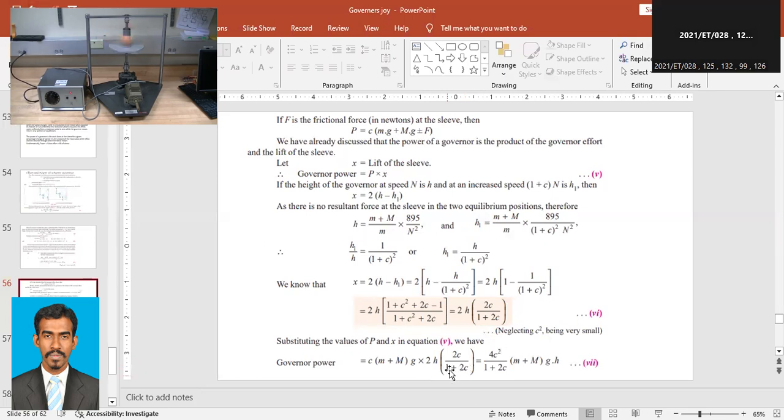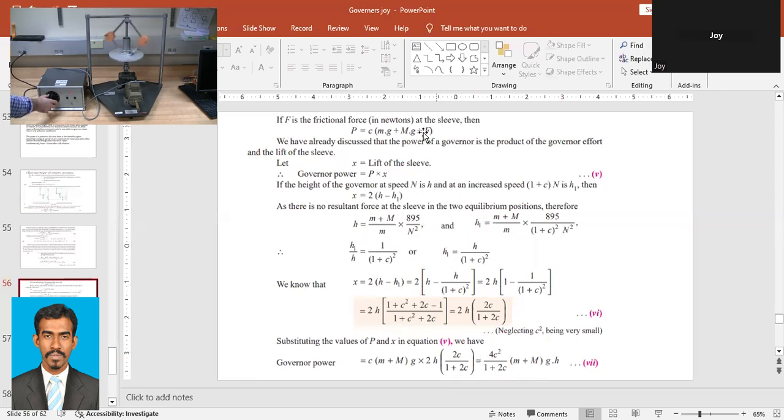2c, 1 plus 2c, 2h. When you solve it, 2h into 2c into c, so 2 into 2 is 4, c into c squared, so 4c squared upon 1 plus 2c, into (m plus M) into g into h.